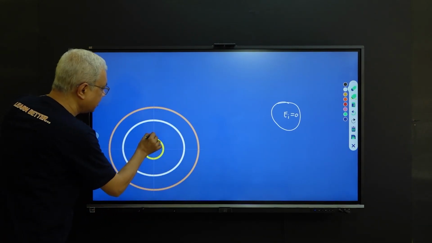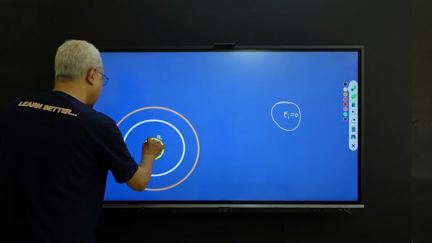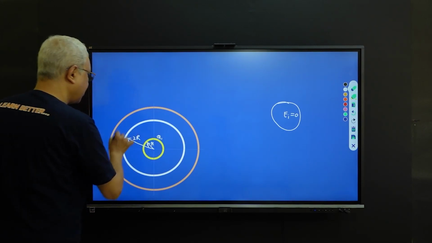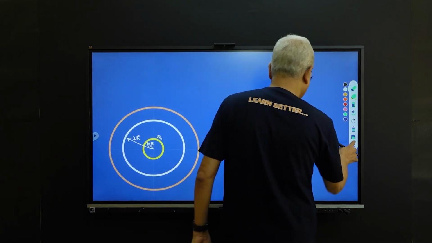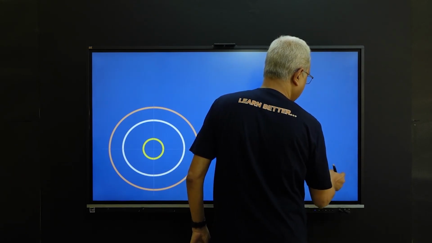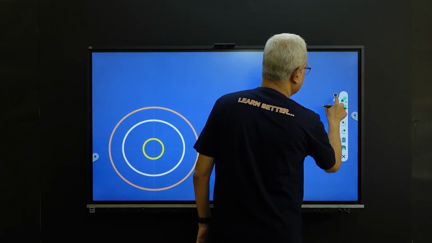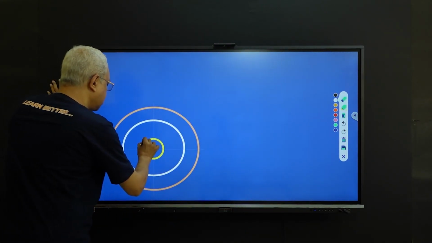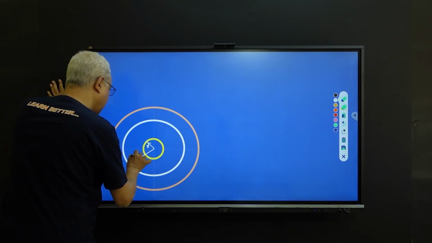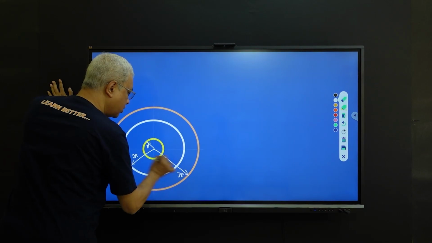Say for example here q1 charge is given. This radius is r, this radius is 2r, and the last one is 3r. So r, 2r and 3r are the radii of the outer surfaces.